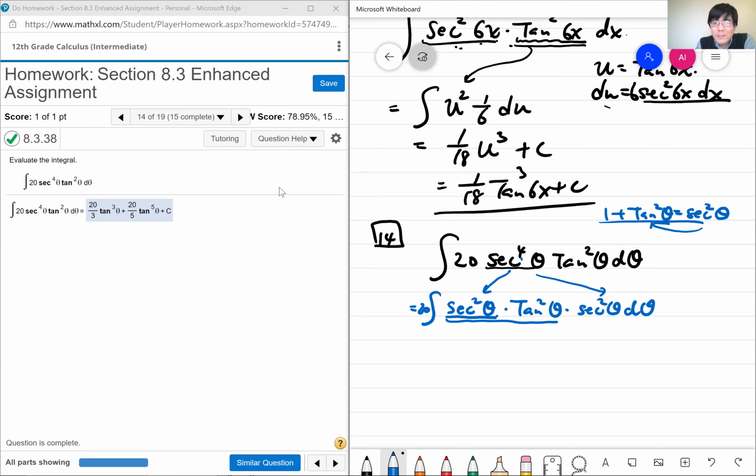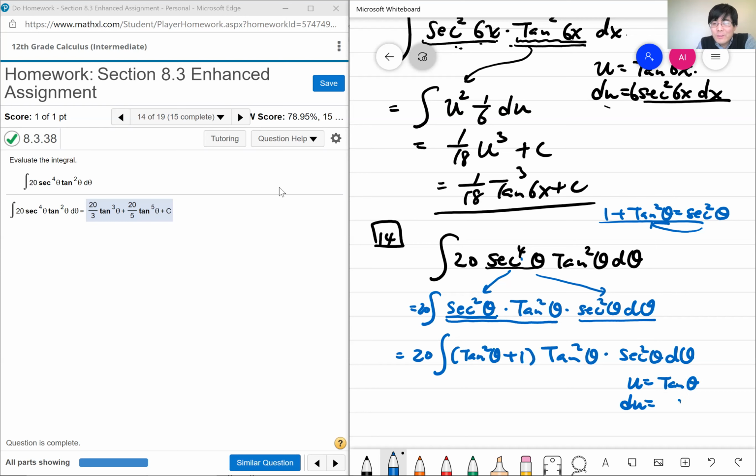So this will be a function in terms of tangent, and this is the derivative of the tangent. So we can make it an expression in tangent times the derivative of tangent. So u is equal to tangent, du is equal to secant squared theta d theta. So after u substitution, it's going to be u squared plus 1, u squared du.